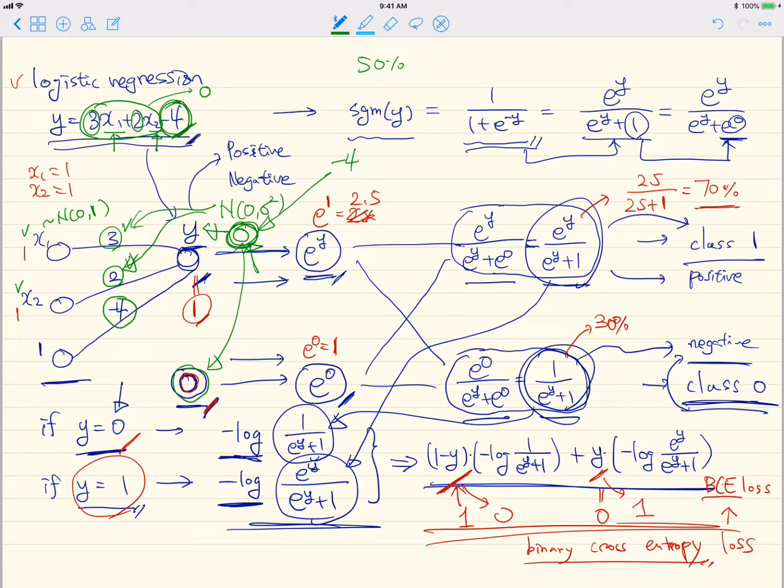If we do not know x1 and x2 in advance, we can assume that on average this linear combination involving x1 and x2 will have zero mean, and thus roughly it will have a 50% probability value at the end. So if it was 1, then it will be 50% probability, right?